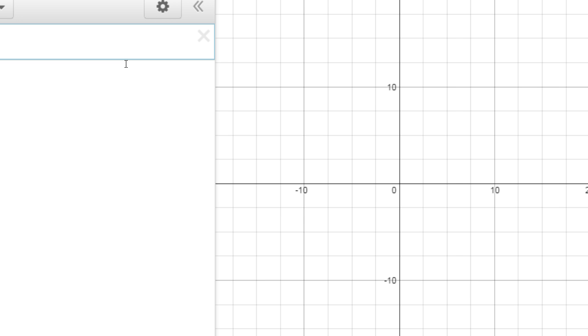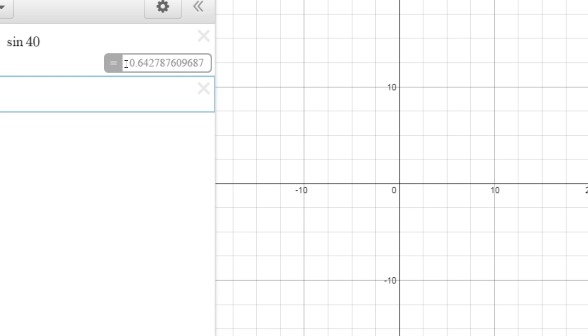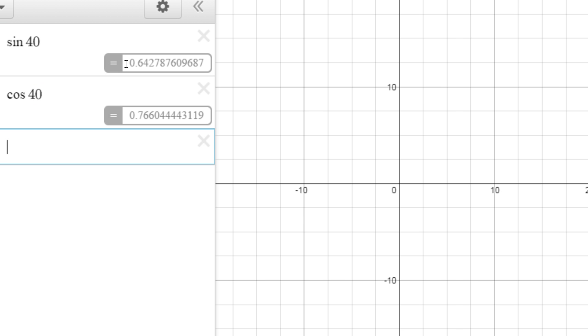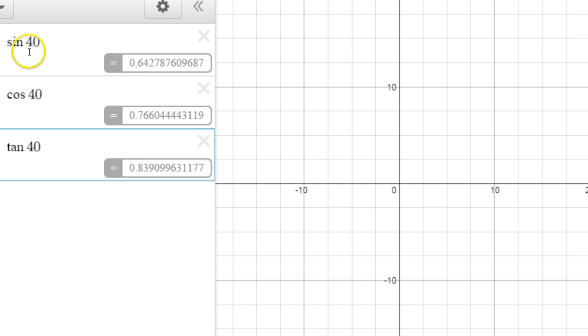So just remember, whenever you're dealing with sine or cosine of an angle, like for example, let's do cosine of 40. Let's do tangent of 40. These are all just going to be different ratios, okay? Now also, don't mess up the ratios. Don't use the wrong trig function for the wrong problem, because you'll be using a different number than what you should. So you have to be very careful as to what you do, okay?